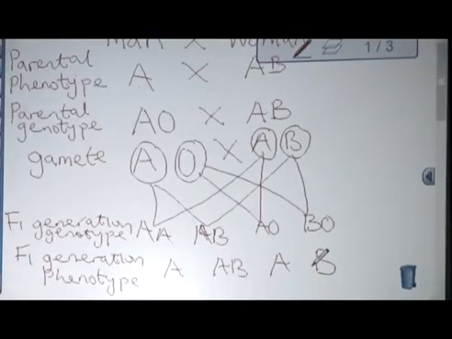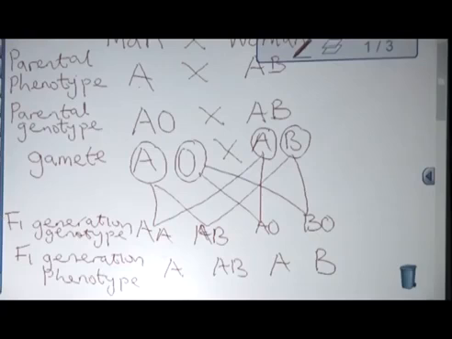AO will give you A. BO will give you B. That is, the possible blood groups of their children will be either A or AB or B. Three types of blood group will be given: A, AB, or B. These are the possible blood groups of their children.